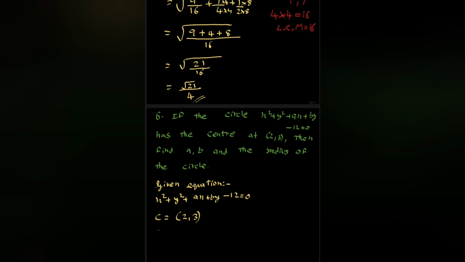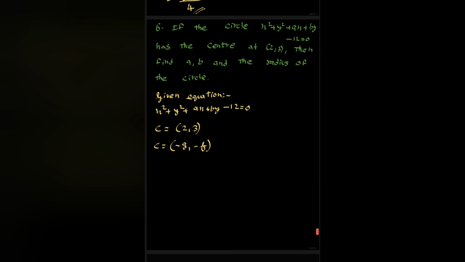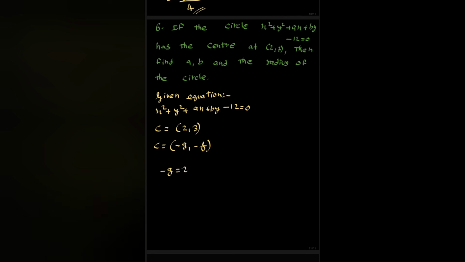So we have the center formula, that is minus g, minus f, from the general equation of a circle. So if we compare these both, then we get minus g equal to 2, then g is equal to minus 2, and minus f is equal to 3, f is equal to minus 3.